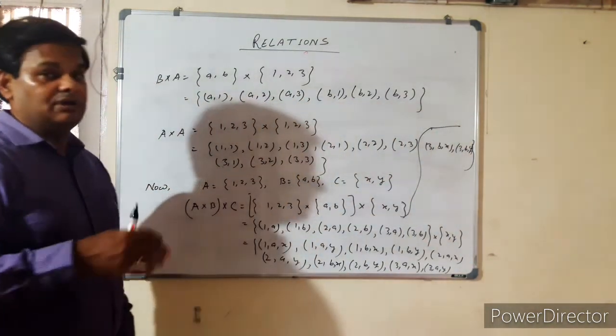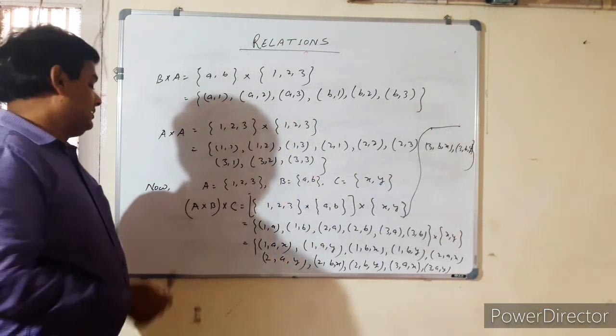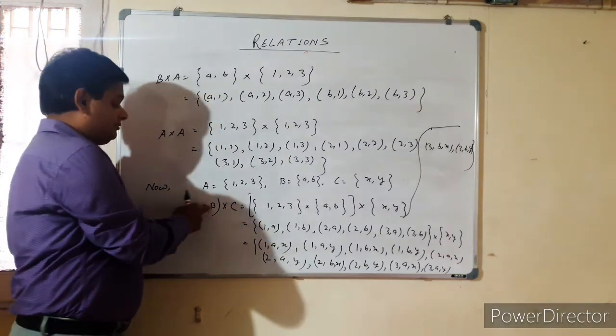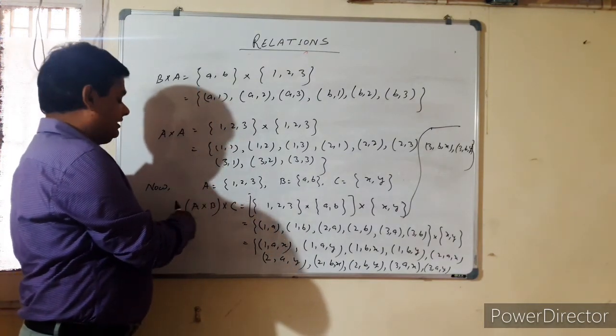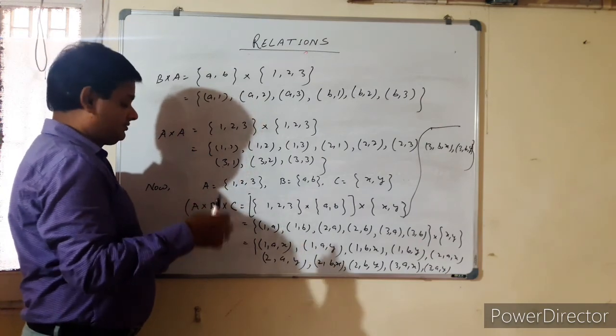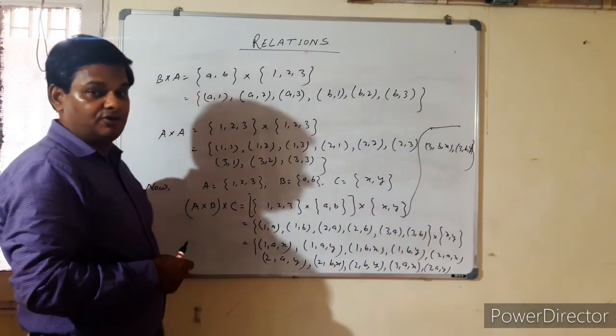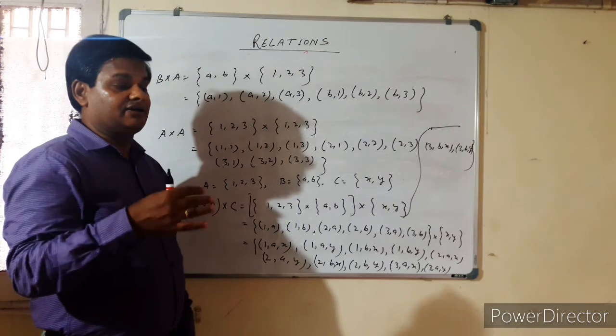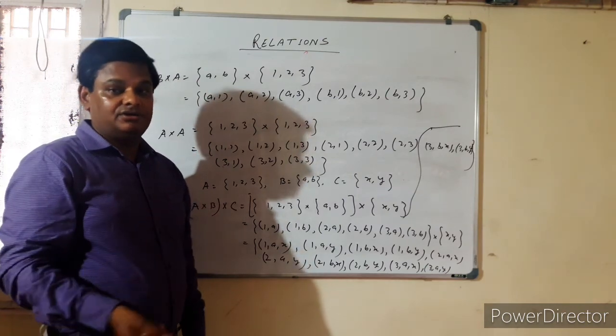So it is m into n into p. You can write A cross B cross C. Similarly, you can write A cross B cross C cross D also. If there are 4 sets, then you can write A cross B cross C cross D.